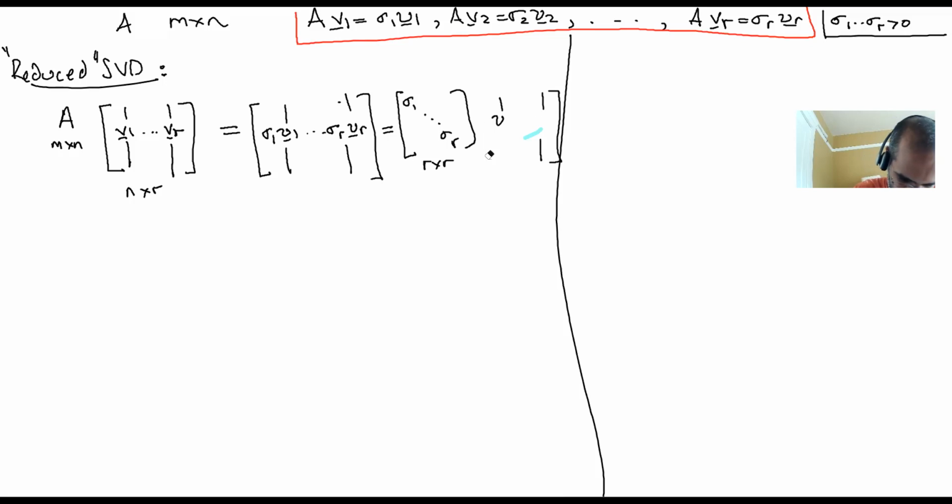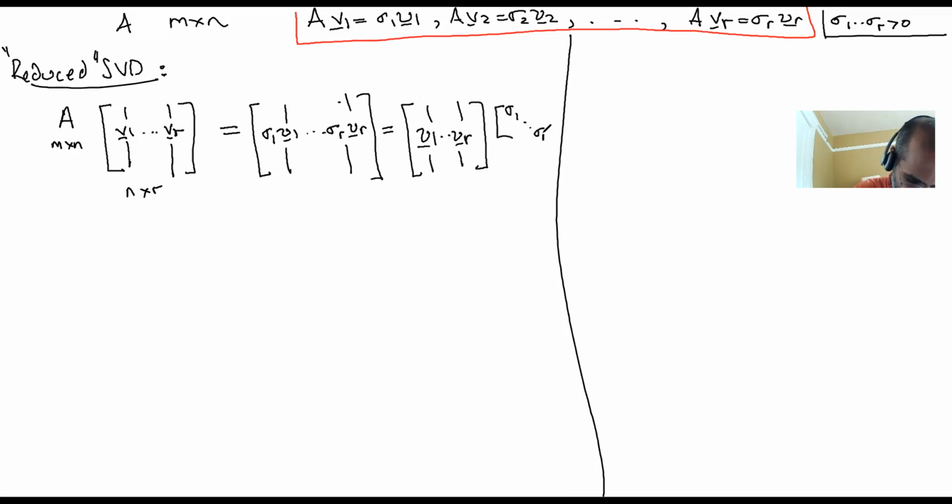I'm going to write this as the matrix of u's times a square matrix, maybe not that little, of these sigmas. And this makes sense, because this is an m by r matrix, this is an m by r matrix, and this is an r by r matrix. So I've not done anything, I'm just rewriting the equations in matrix form.